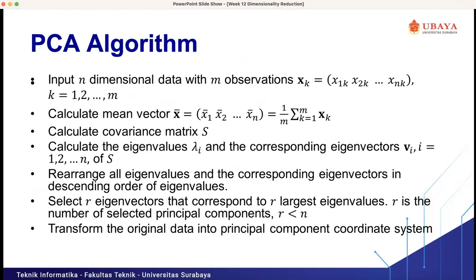The symbol of the eigenvalues is lambda i, and the symbol for the eigenvectors is vi, where i equals 1, 2 until n, the n dimensions of the covariance matrix, or the dimension of our data set.